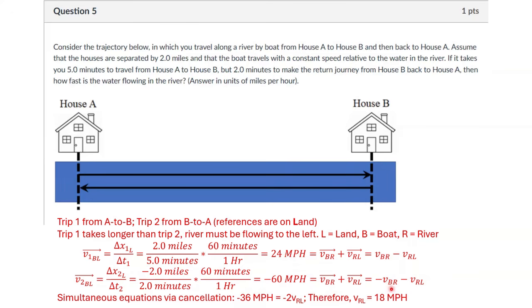V_BR minus V_BR is 0. That term cancels. That's why the term cancellation, equation cancellation, that's where that comes from. Just by adding the equations, one of my terms just takes care of itself. And minus V_RL is minus 2 V_RL. And so I'll end up having negative 36 divided by negative 2 is equal to my speed of the river relative to the land, which is 18 miles per hour. And that is your quizzes 1 through 3 key.